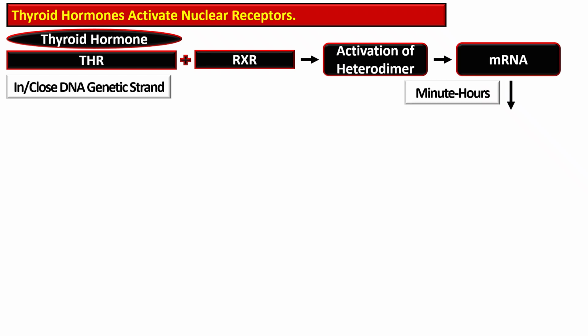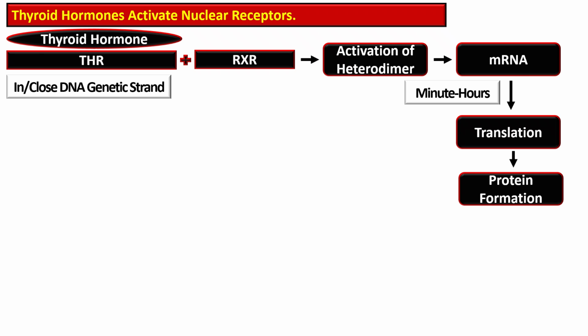Activation will result in messenger RNA formation, and within minutes to hours the translation process starts, and hence the protein forms. These proteins include enzymes, structural proteins, and transporters, and the protein response varies. Some proteins increase slightly, others up to six-fold. So the physiological effect of thyroid hormone mainly arises from the action of these new proteins.